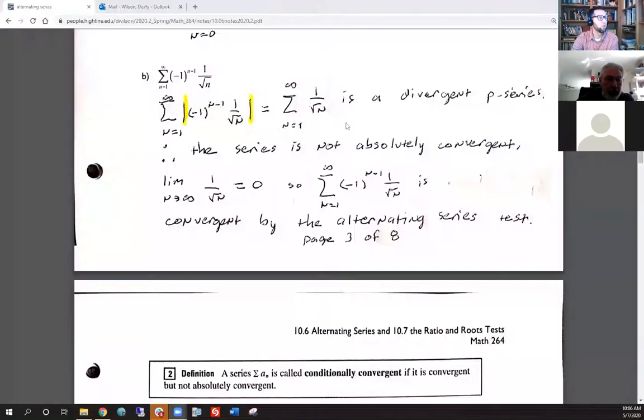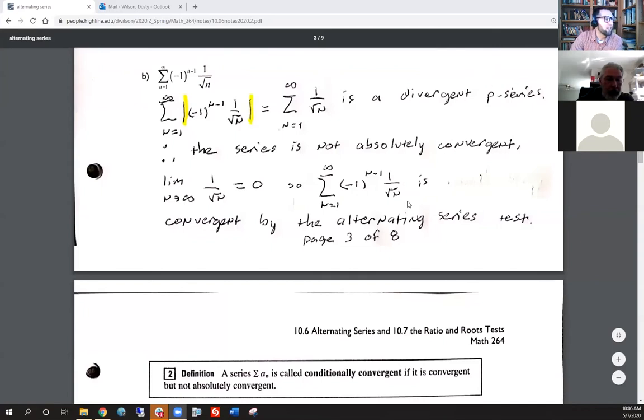When we were last together, we ended by talking about the alternating series test, and we introduced this idea of absolute convergence. So I'd like to begin by picking up where we left off. In that last example, we had the sum from n equals 1 to infinity of (-1)^(n-1) times 1 over root n.